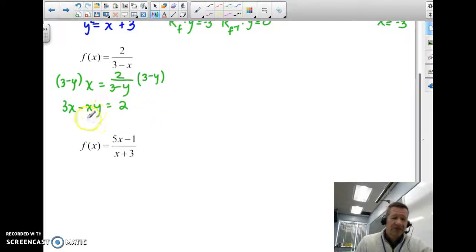Okay, now what? Well, now I get y by itself. So now I've got negative xy equals, subtracting 3x from both sides, I get 2 minus 3x. Let's divide by negative x now.